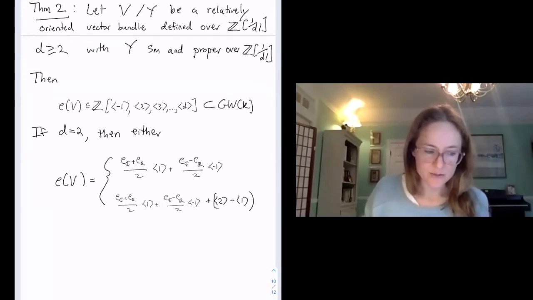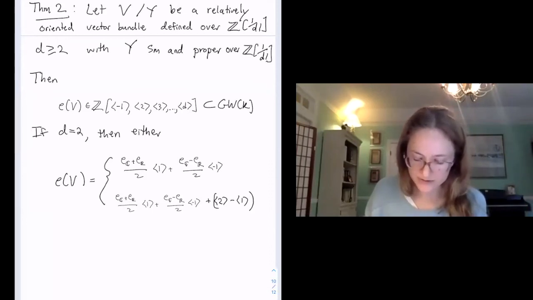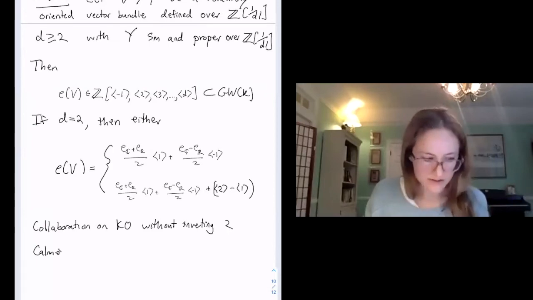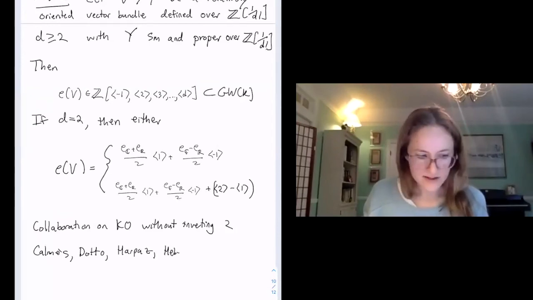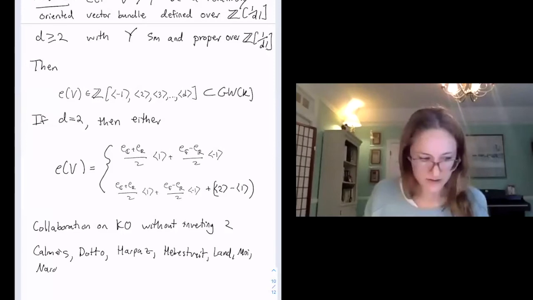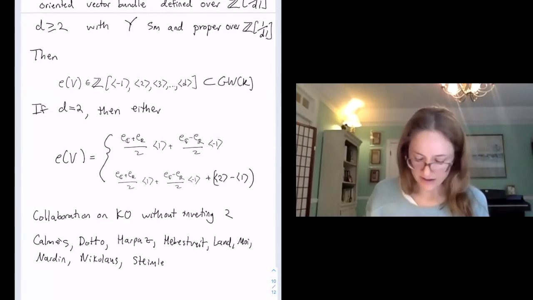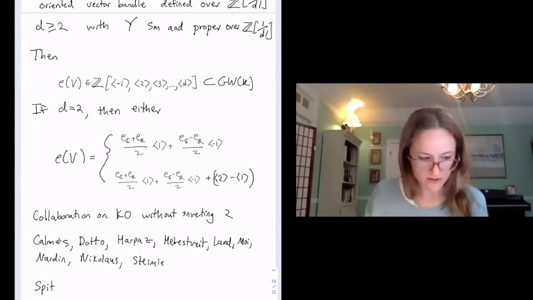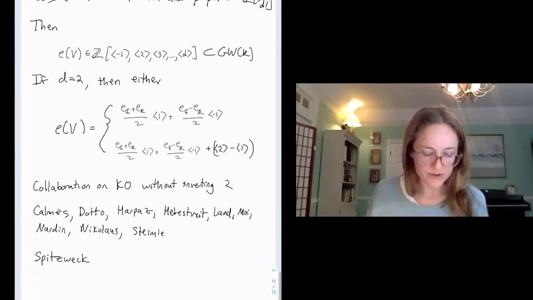And there is currently a collaboration on KO without inverting 2 with Baptiste Calmès, Emanuele Dotto, Yonatan Harpaz, Fabian Hebestreit, Markus Land, Christian Moi, Denis Nardin, Thomas Nikolaus, Wolfgang Steimle, and Markus Spitzweck, I understand, also has work around this. Let's put Markus Spitzweck here too.